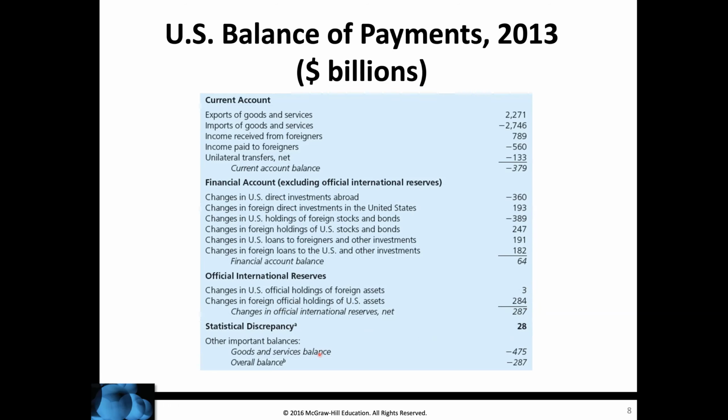This is goods and services balance. This is the 475, and you can see that's just the difference between these two. And that's a much narrower view, as we discussed earlier. And then the overall balance is negative 287. So the overall balance means we had an overall net outflow of 287 billion for our balance of payments.